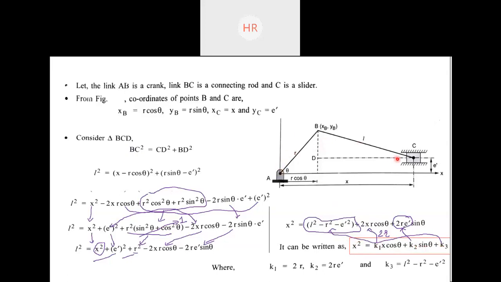We need 3 positions of the slider crank mechanism. So for those 3 positions, 3 equations will be formed, and we can solve these 3 equations for 3 unknowns the same way that we did in the 4-bar mechanism. So if you have any confusion, then you can refer to that video also. So this is the Freudenstein equation for slider crank mechanism.